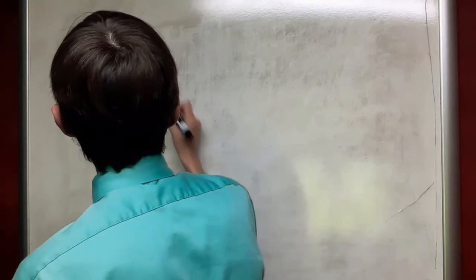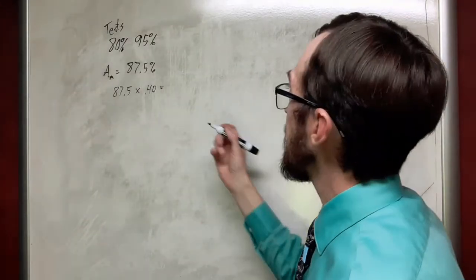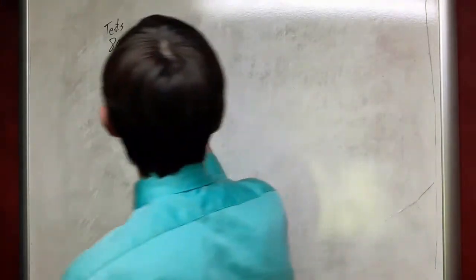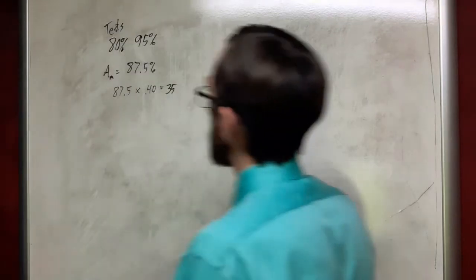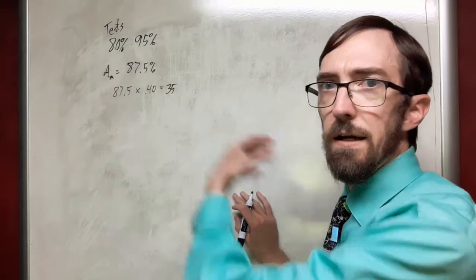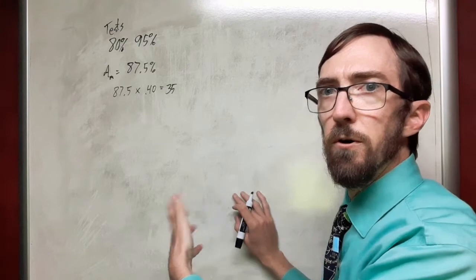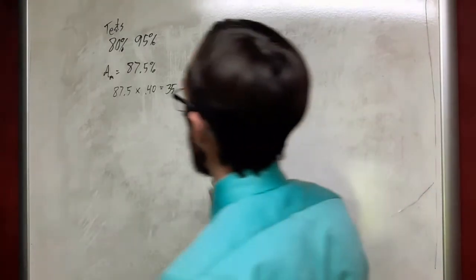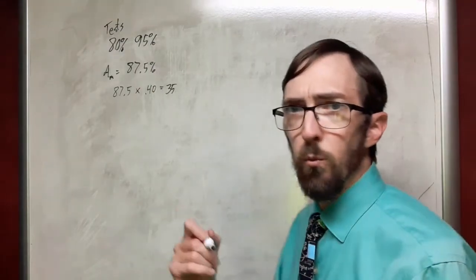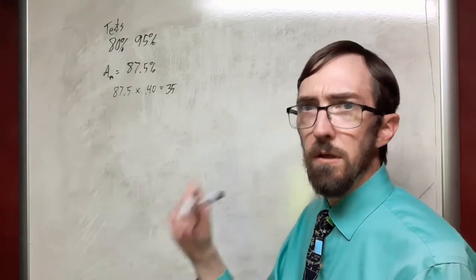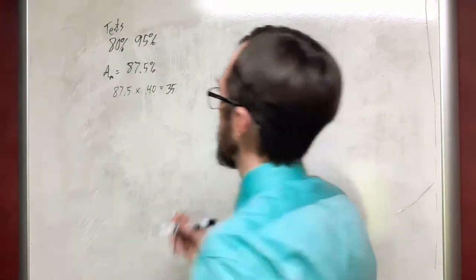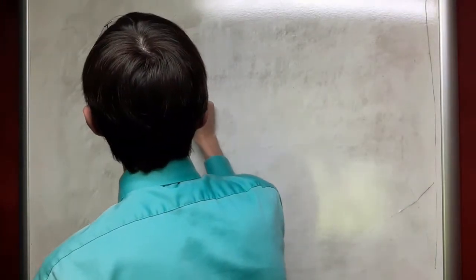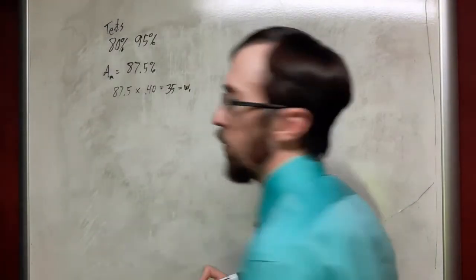And when we multiply that, we find that we have 35. This is the number that's going to be a part of your weighted average for the course. I'm going to call this W sub 1, the first weight value that we've calculated.